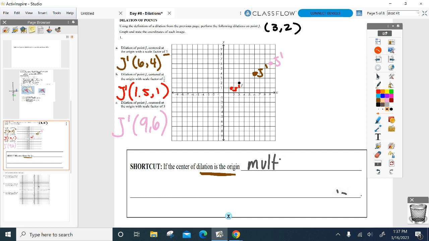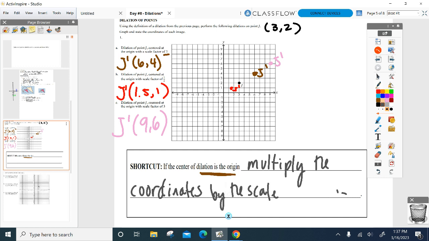Multiply the coordinates by the scale factor. All right? But only if you're dilating around the origin. The center is the origin.